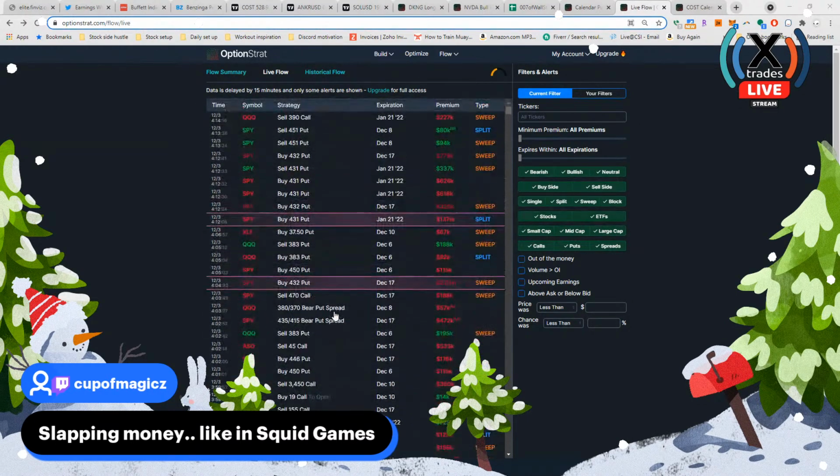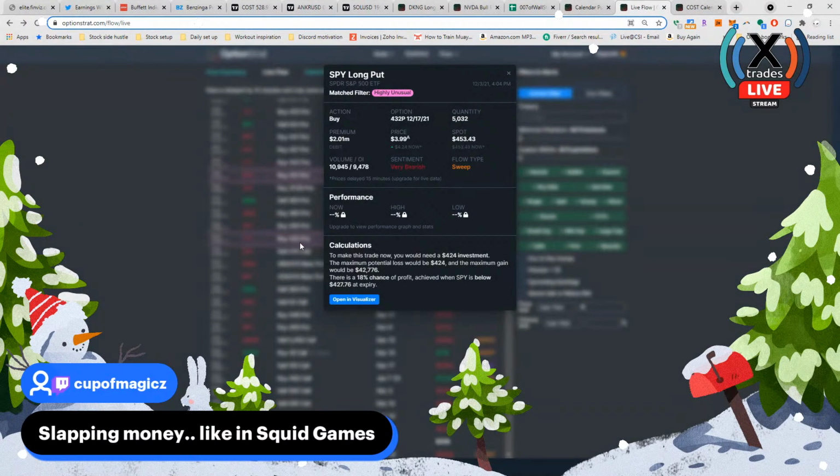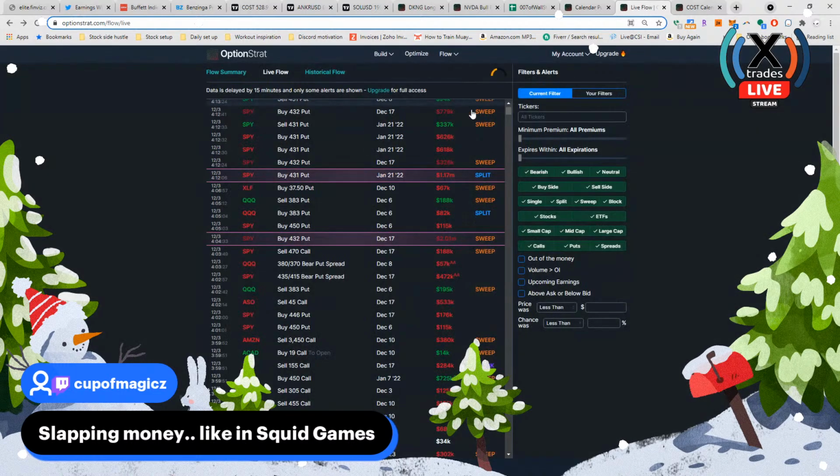That's a bold move. There's a $2 million sweep on the put side. Very bearish. Wow, people are really betting on the downside.